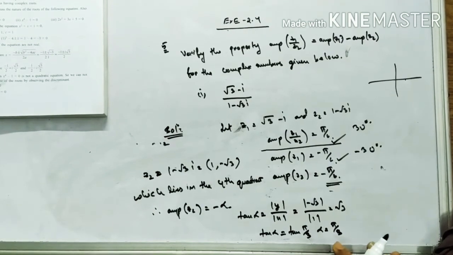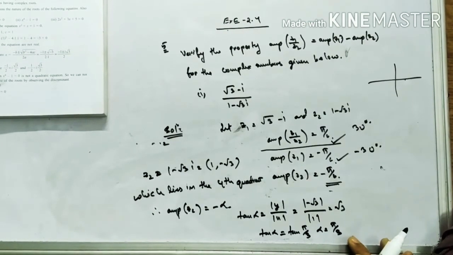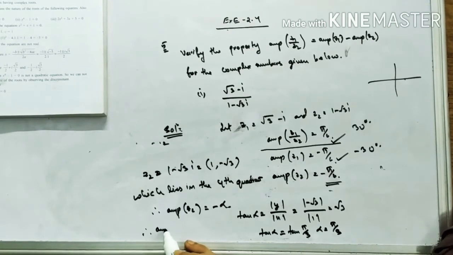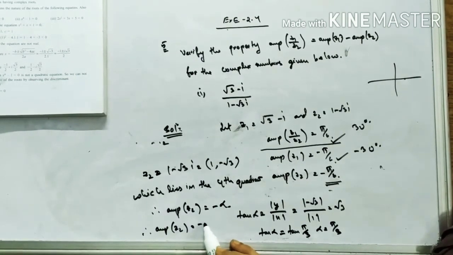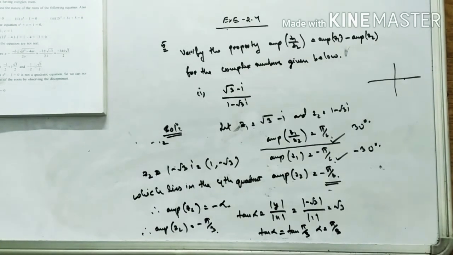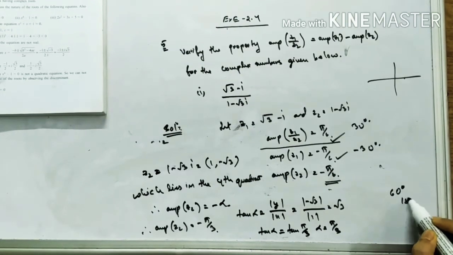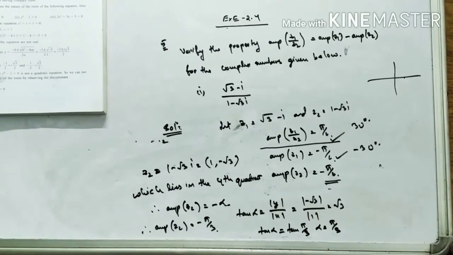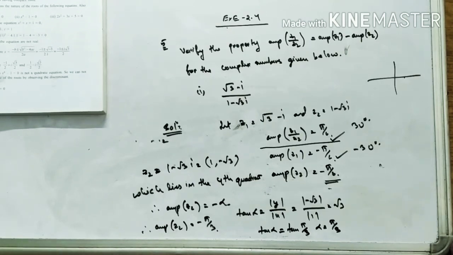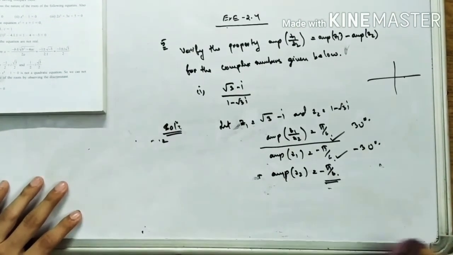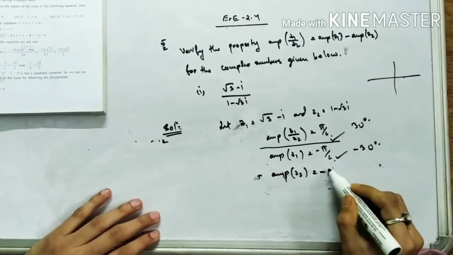So alpha is equal to pi by 3. Therefore amplitude of Z2 will be minus pi by 3, since root 3 corresponds to 60 degrees, which is 180 by 3. So I got amplitude of Z2 equal to minus pi by 3.